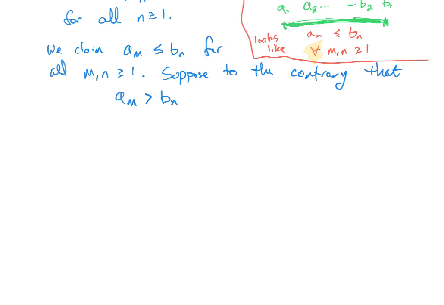What would that mean? Some Am is greater than some Bn. We're going to show that this is a contradiction.